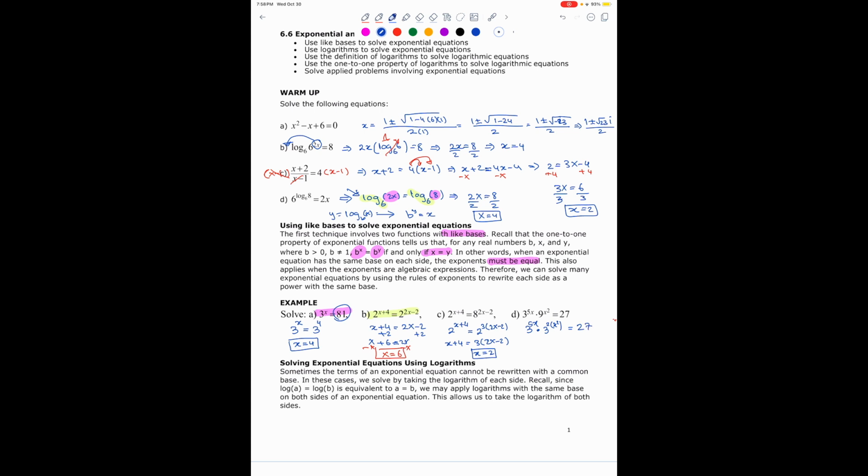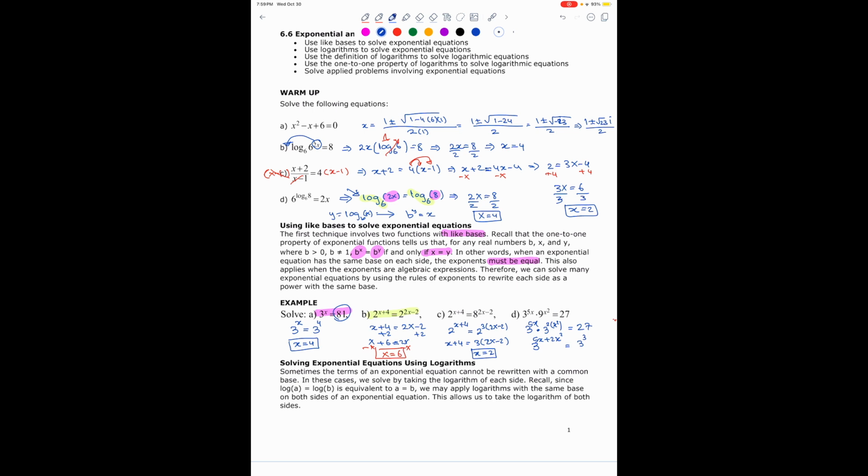Now, I know from what we did previously that I can combine the multiplication of the exponential expressions on the left by combining the exponents by addition. So this is going to combine into 3 to the 5x plus 2x squared, and then the right-hand side can be written as 3 to the 3rd power. 27 is 3 to the 3rd power.